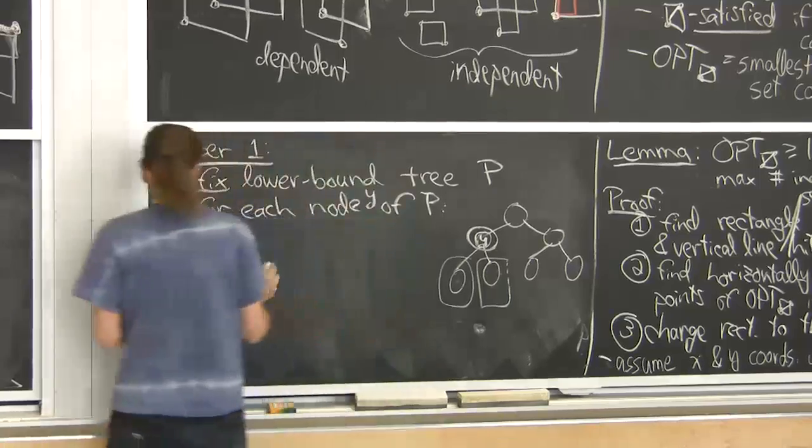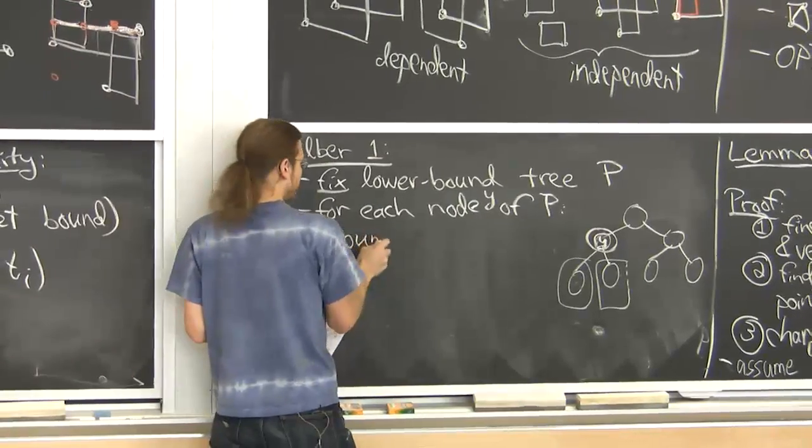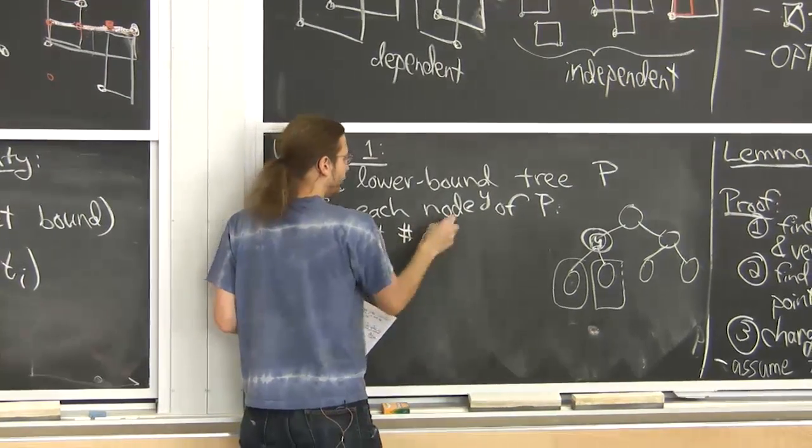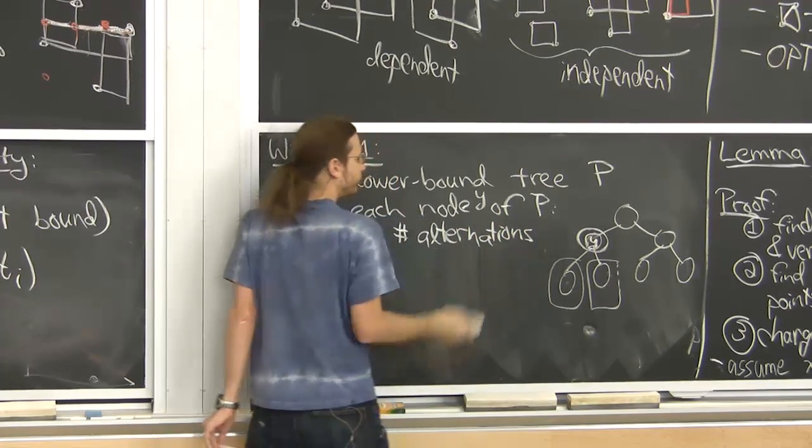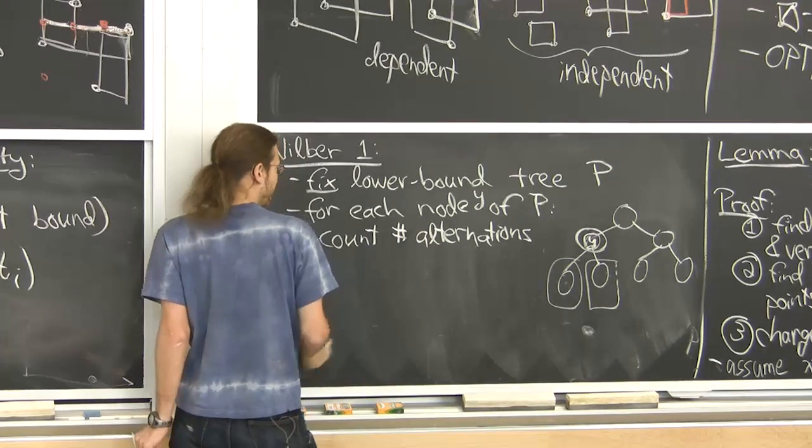So count the number of alternations. Very similar in spirit to Wilber 2. It's just relative to this weird tree, which is kind of arbitrary.